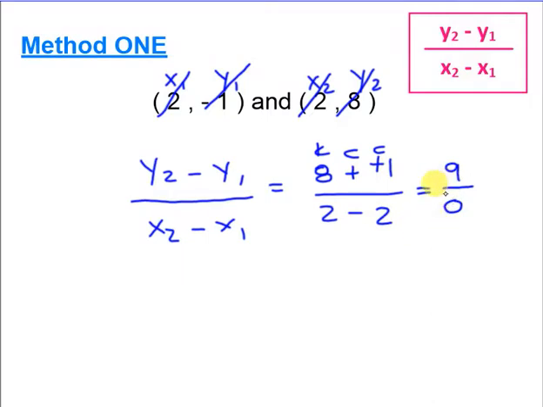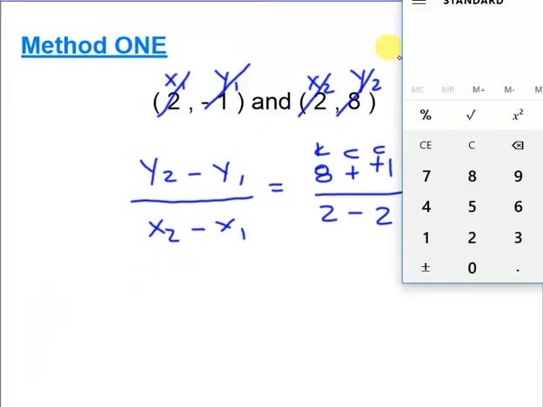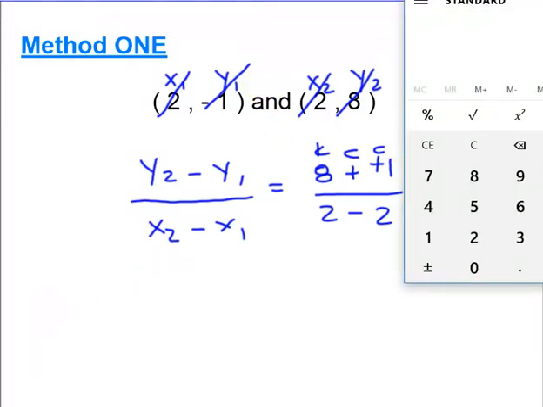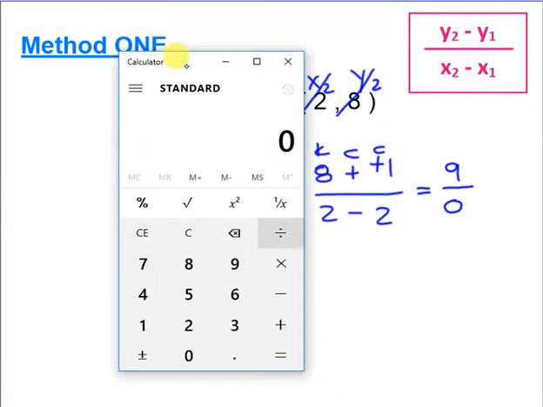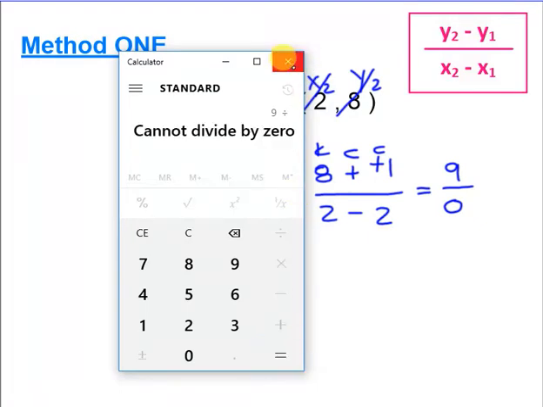Now, if you take 9, and remember, fraction bar is a division bar, divided by 0, let me see if I can actually bring a calculator up here on the screen. So 9 divided by 0 equals. It's going to come up with cannot divide by 0.